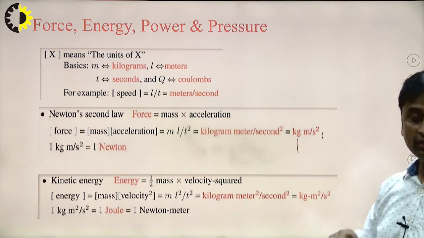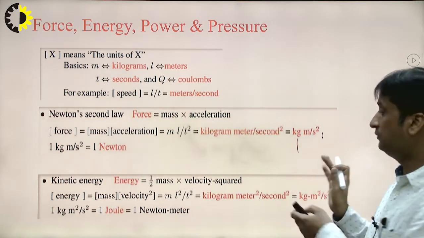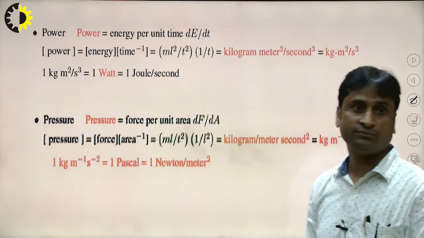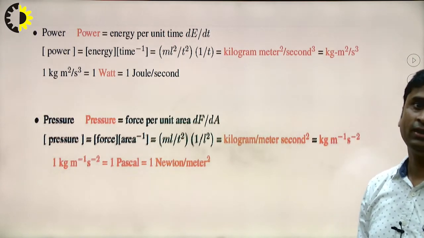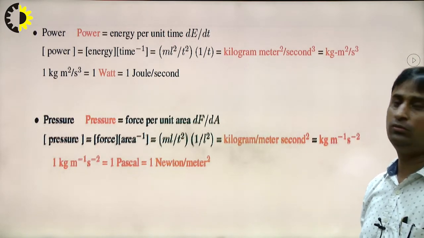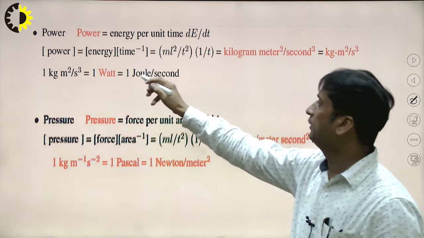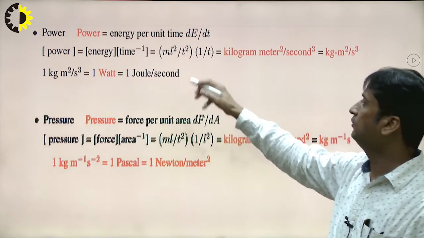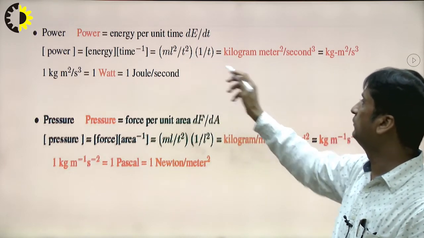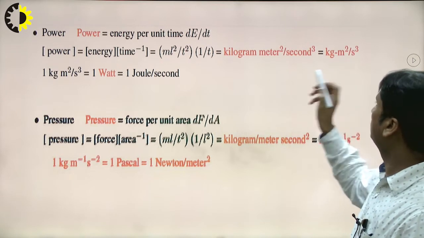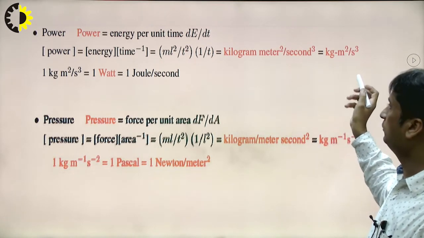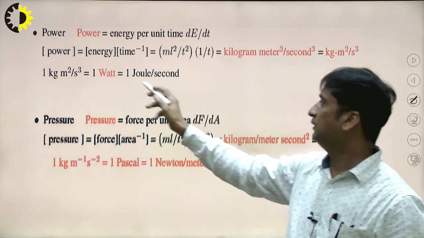Now let us verify this unit of energy from other aspects, like power. Power is the energy per unit time. And the energy that we have already found, m L square by T square, divided by time, is equal to kg m square s cube, that is joules per second.